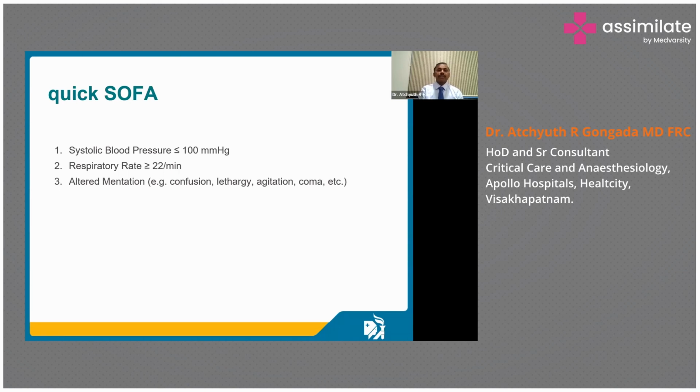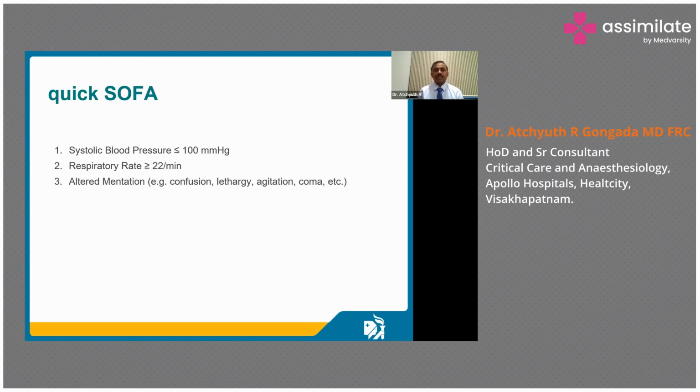As you can see, the SOFA score is not easy to do in every patient, because it involves a lot of lab parameters, which take some time, and the facilities to do all these tests may not be available in every healthcare setting, leave alone the corporates or the bigger cities having these parameters.